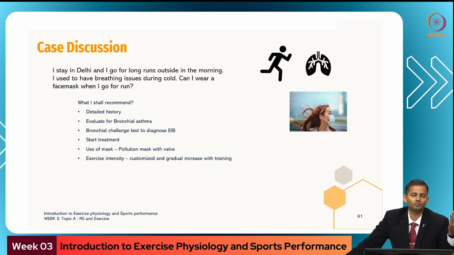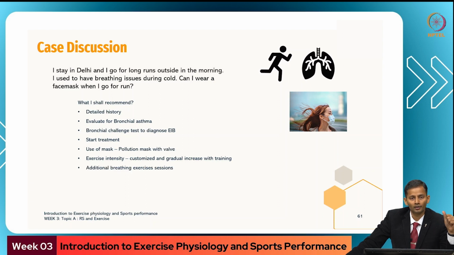The individual's perception of exertion as well as the comfort level are all important when you use an additional layer in your respiratory system. I would also recommend the individual undergo certain breathing exercises to improve respiratory muscle training. That would further help in addressing the problems the individual is facing.